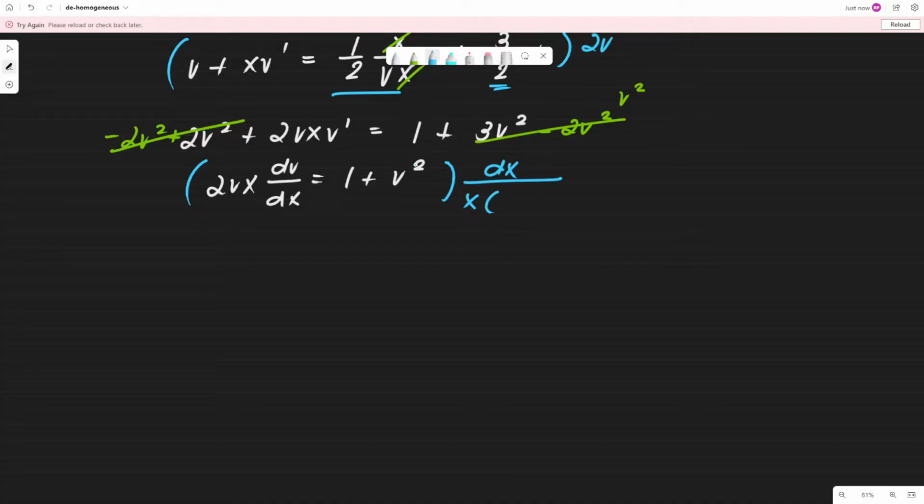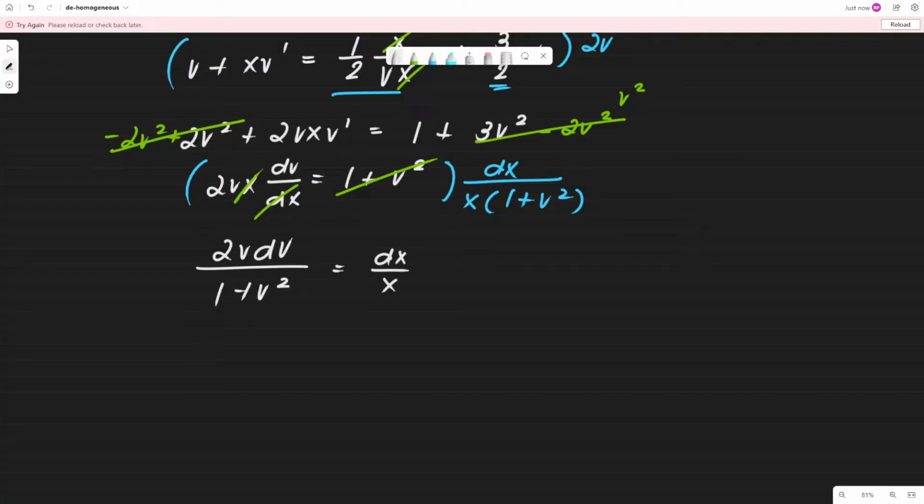At saka itong 1 over 1 plus v squared dito sa kabila. So, makakancel yung mga nilagay natin dito. So, we have x, we have dx, at saka itong 1 plus v squared. May iiwan na lang dito is 1. So, we'll have 2v dv all over 1 plus v squared, yun yung resulting natin, is equal to dx over x.